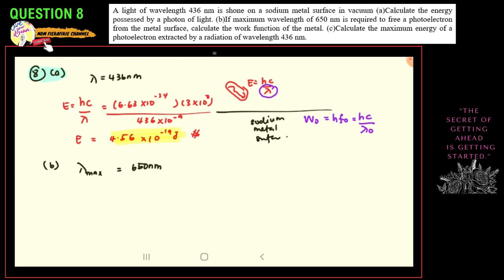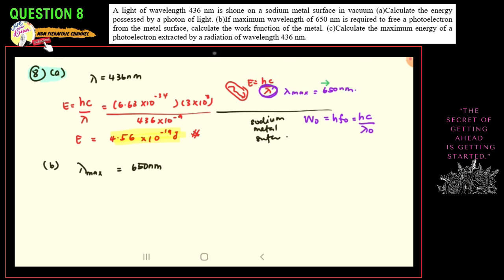Kenapa dia kata maximum wavelength? Kalau nilai ini maknanya lambda ini yang paling besar, yang paling panjang, the longest one is 650 nanometer. Maknanya kalau hc bahagi dengan nombor yang besar bawah ni, E ini akan jadi kecil.